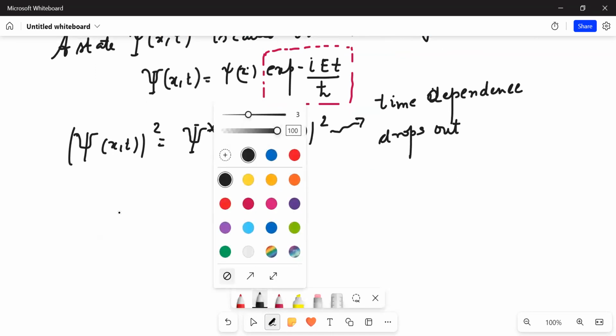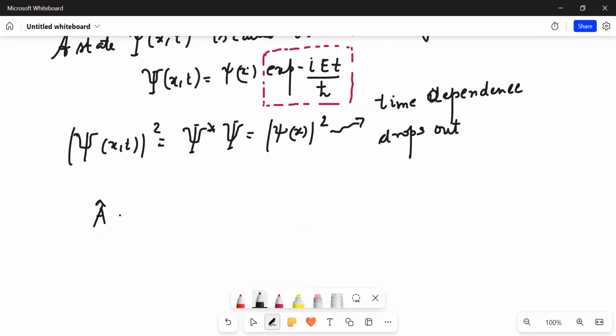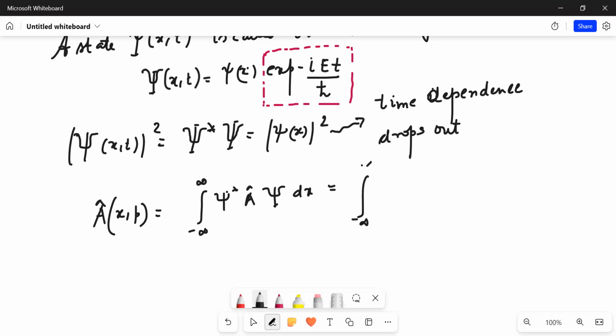Similarly, find the expectation value corresponding to a dynamical variable, let's say A cap. If I want to find the expectation value corresponding to the dynamical variable, nothing is going to change because of this term, since when I take psi star and psi, it will simply give e to the power minus iEt upon h-bar times its conjugate. So this equals the integral from minus infinity to plus infinity of psi star A cap psi dx.